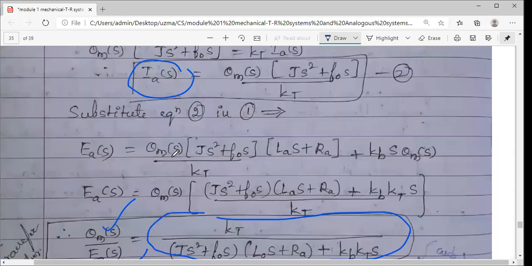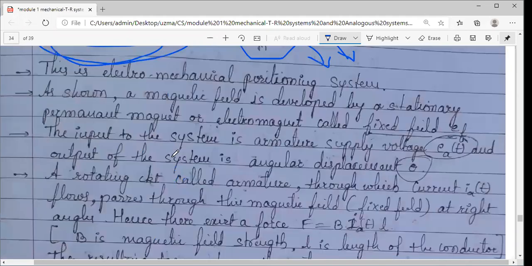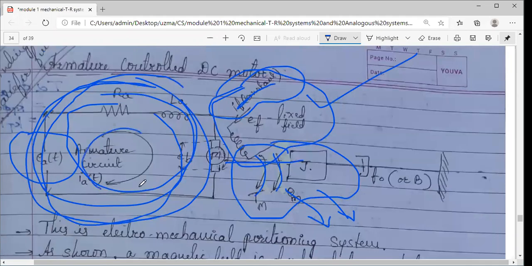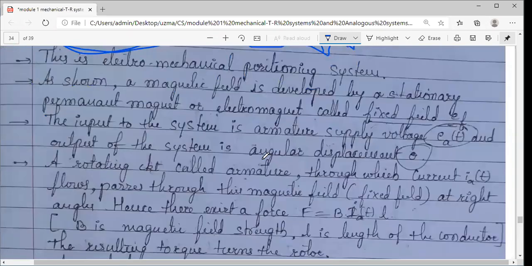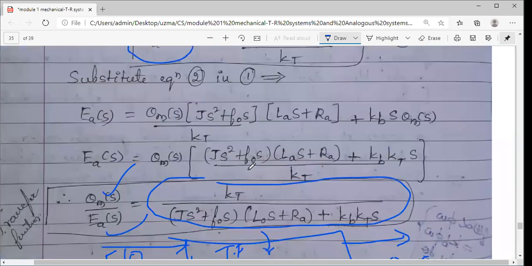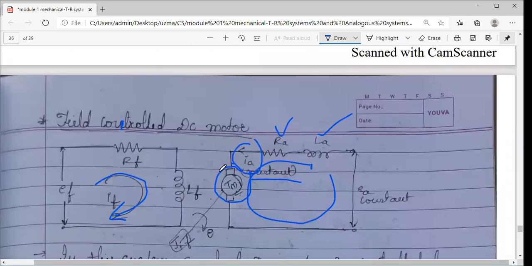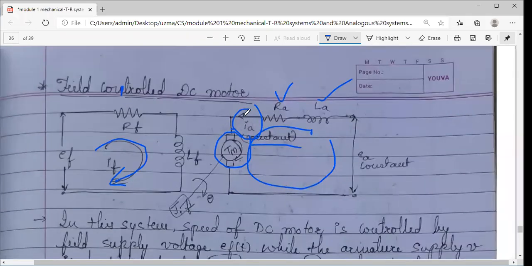Earlier what was the case? In case of the armature controlled DC motor, IA was varying, IF was constant. So this time it is reversed. This time we are keeping the armature current constant, and this IF is varying.